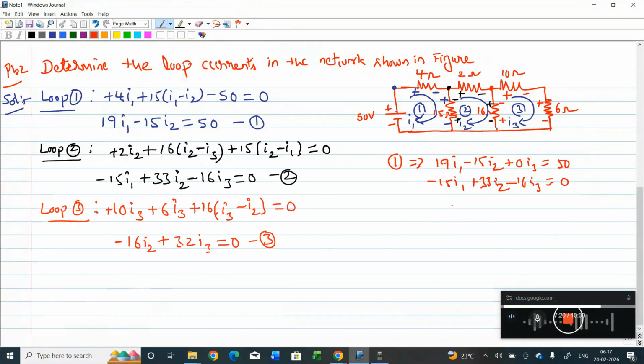The third equation has no I1 term: 0 I1 minus 16 I2 plus 32 I3 equal to 0.